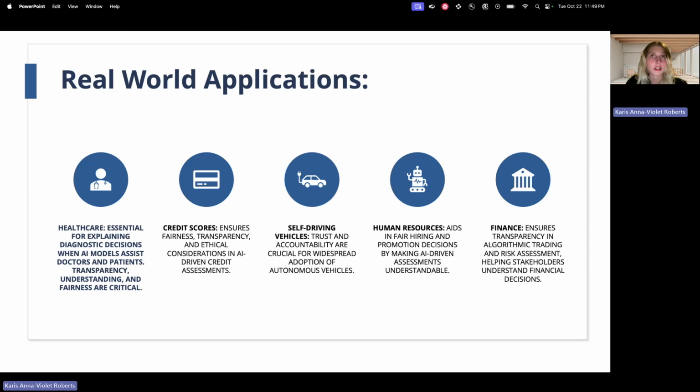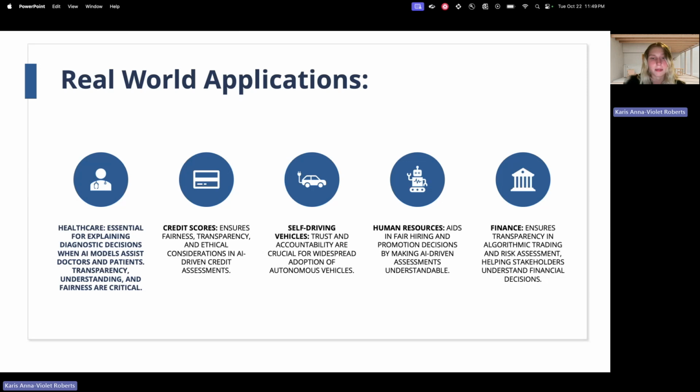Additionally, metrics other than just accuracy start to play a bigger role when talking about large populations or rare diseases. And these metrics need to be considered, and what they mean and how we got to those metrics needs to be understood well. And then some other applications that I'll highlight are credit scores and self-driving vehicles.